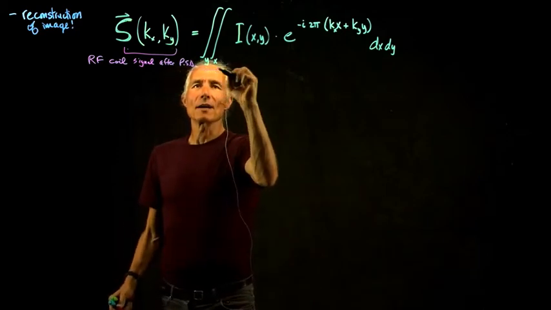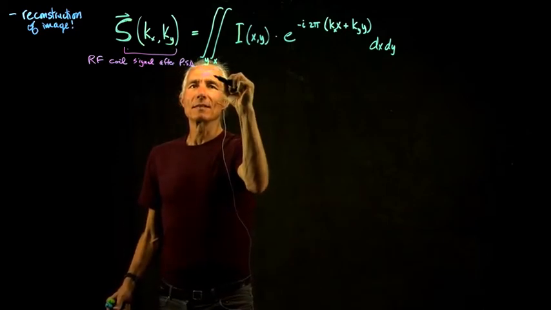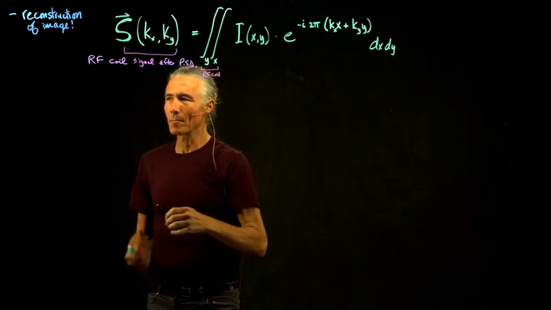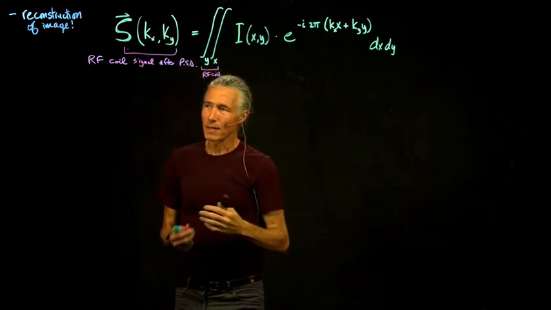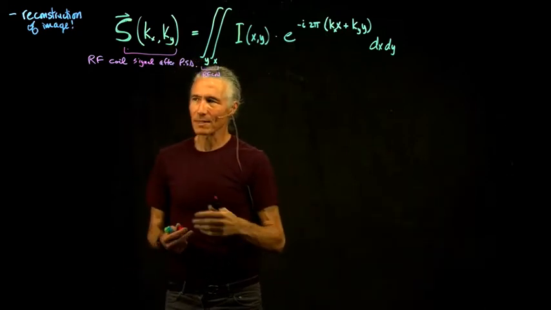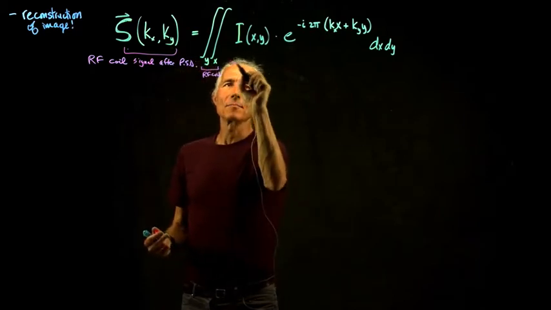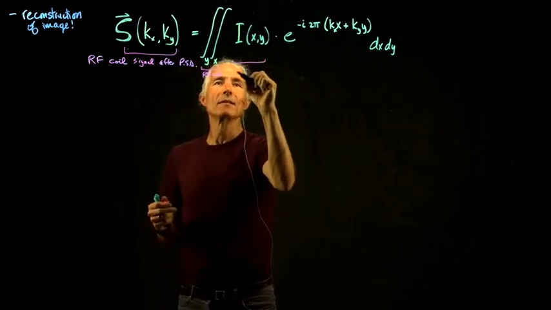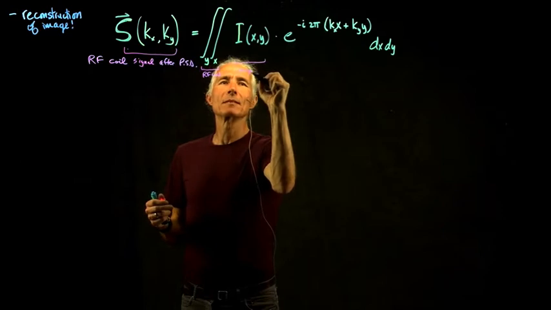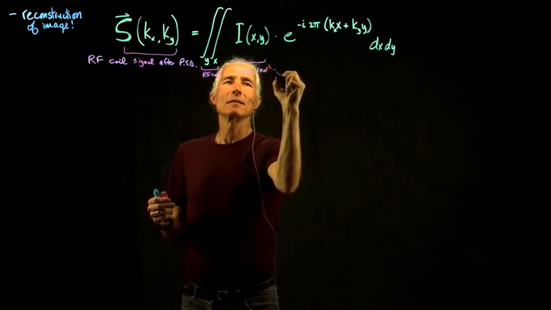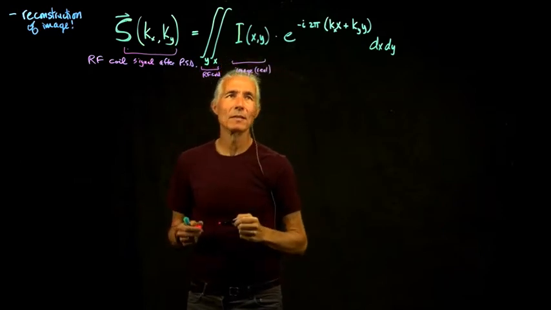This is the RF coil doing this sum here. It's adding up, doing complex vector addition across the whole brain. This is the brain, the image, and that's a real image. It shouldn't have any complex part.